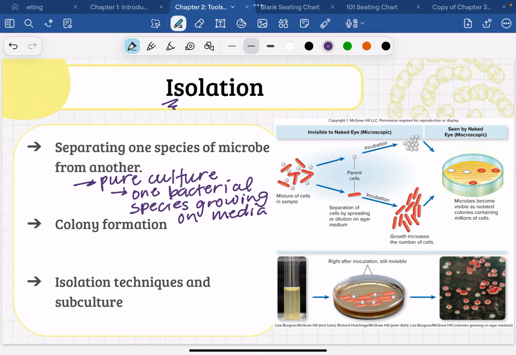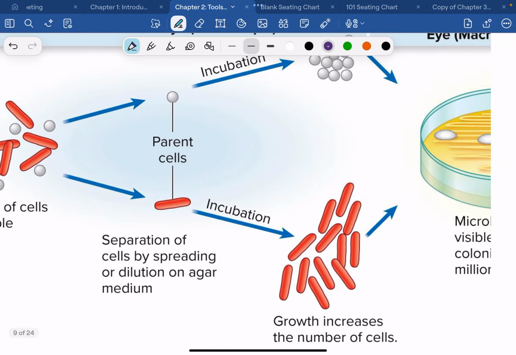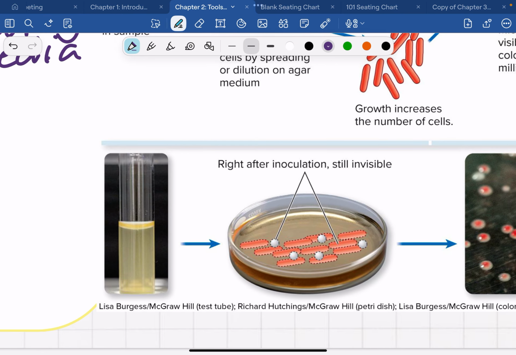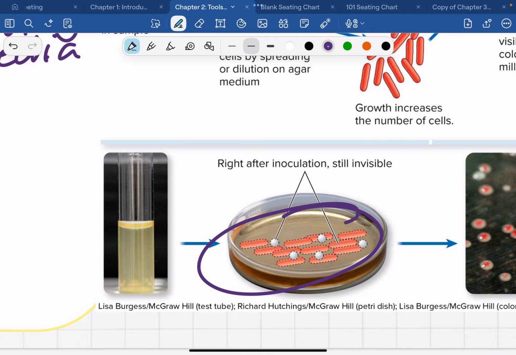No, they're invisible. That's the whole point. When you first inoculate an agar plate, the bacteria are going to be completely invisible, okay? And that's what this is showing you. Right after inoculation, those bacteria are spread out all over the plate, ready to grow, but they're still invisible.